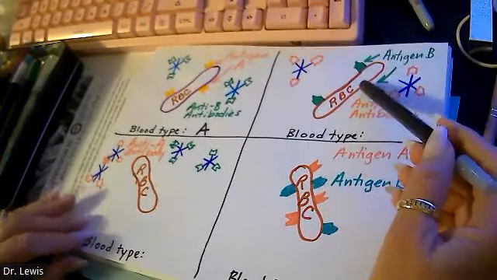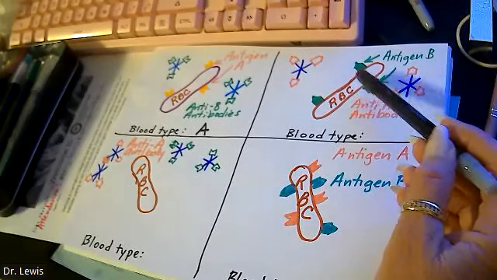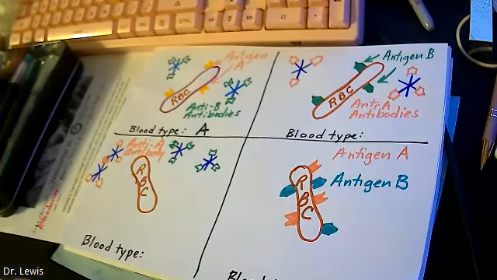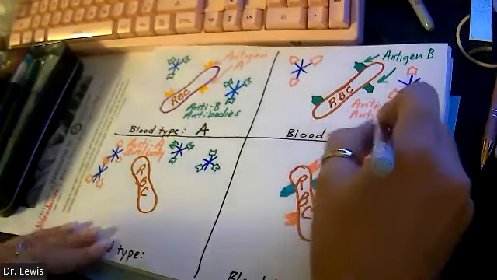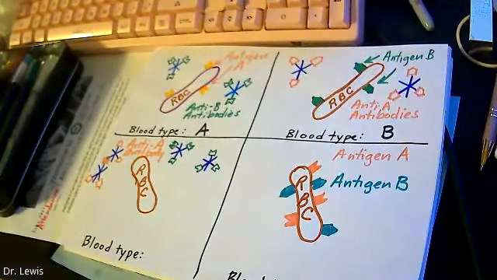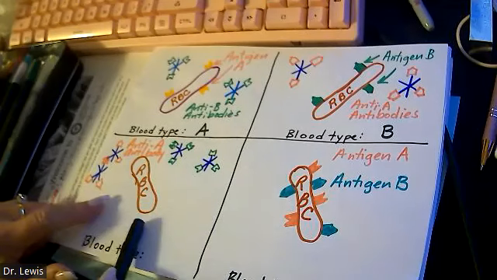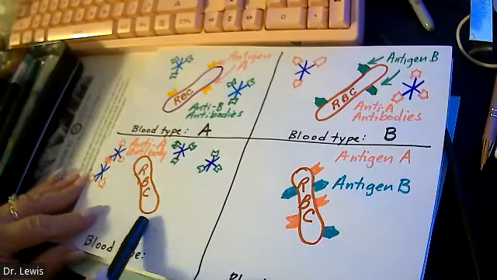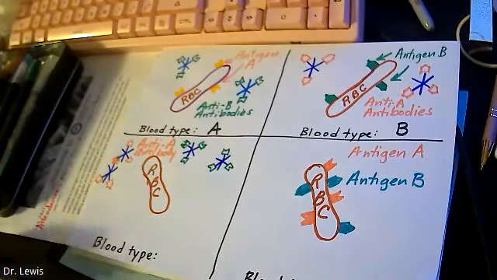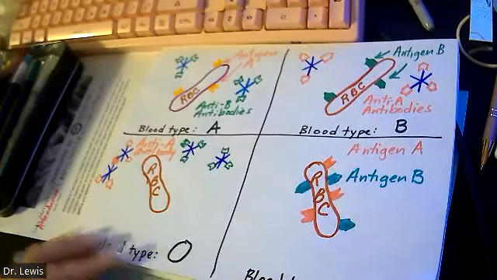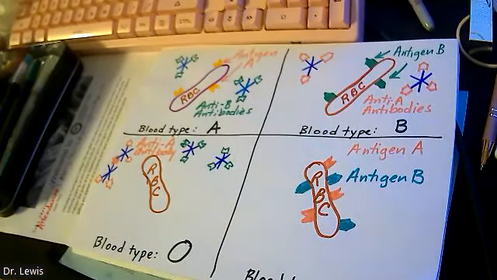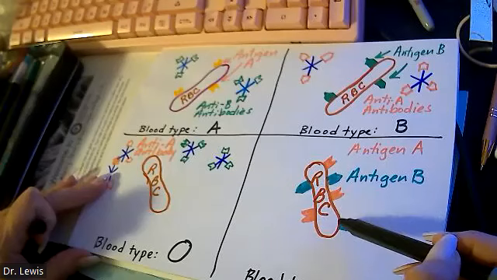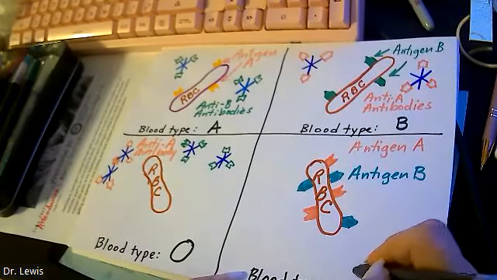Here we have antigen B on the red blood cell and anti-A antibodies in the blood, and it is type B. There are no antigens on this red blood cell, so it's type O. And here there are antigen A and antigen B on the red blood cell. And we're going to call it type AB.